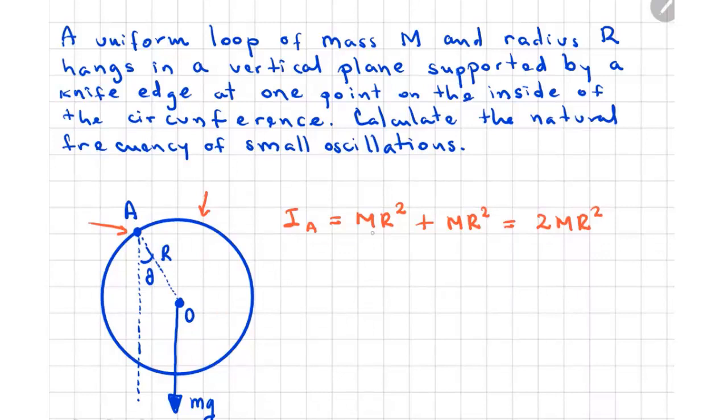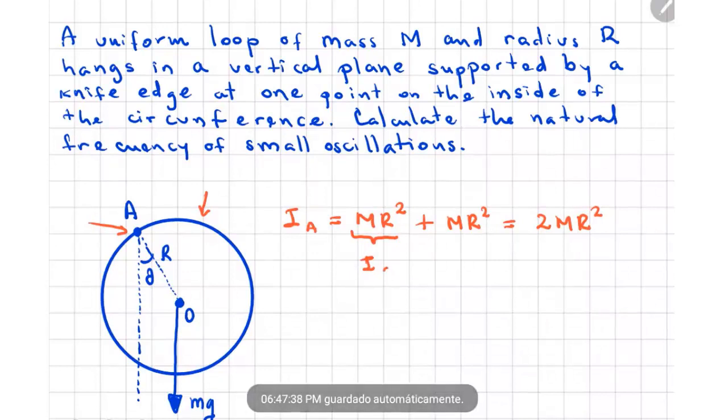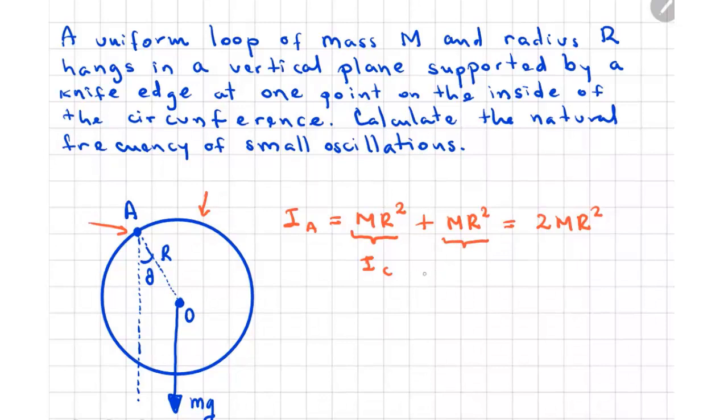The first term is the moment of inertia about the center, and the second term is m r squared.